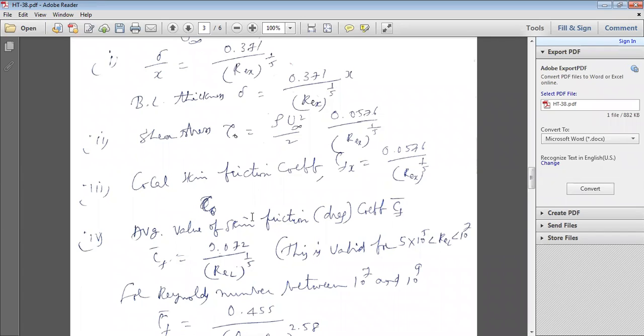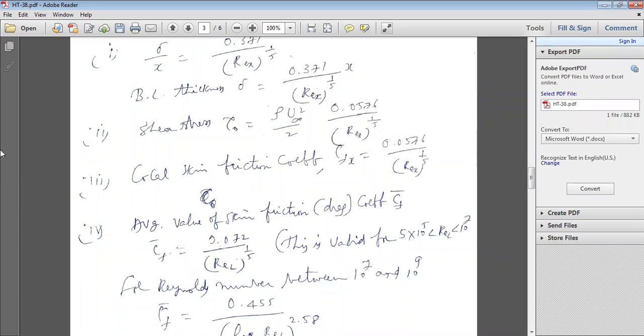After integration, you have to substitute the limits 0 and L. Finally, you will get Cf bar is equal to 0.072 divided by ReL to the power 1 by 5.